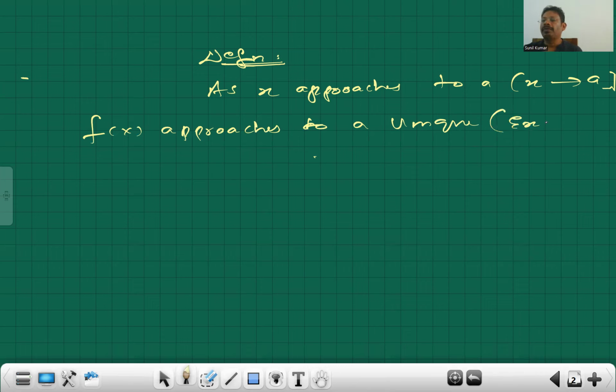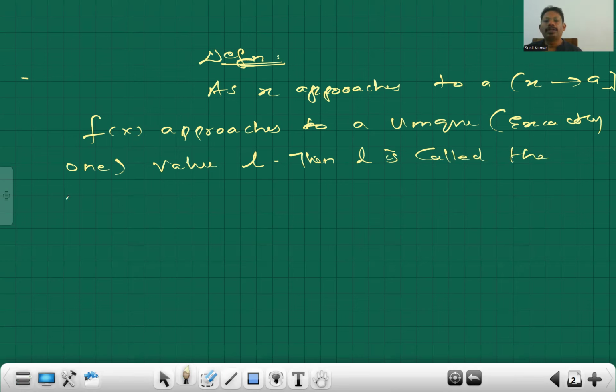Unique means exactly one value. So f(x) approaches a unique value L. Then L is called the limit of f(x) as x approaches a.